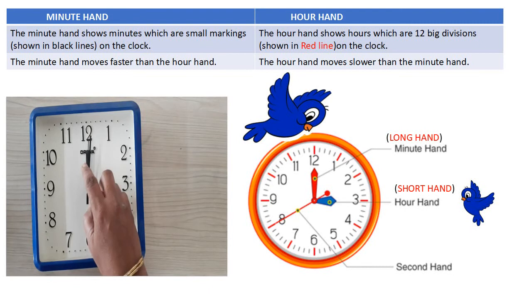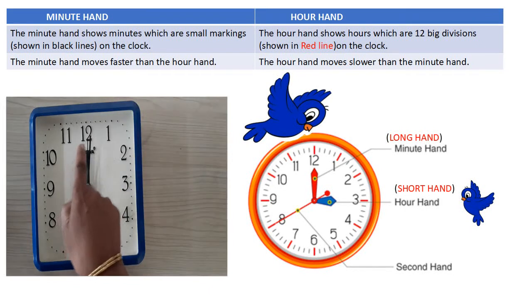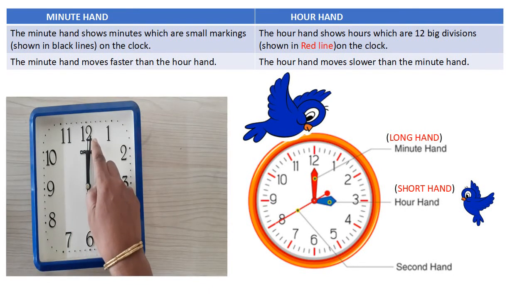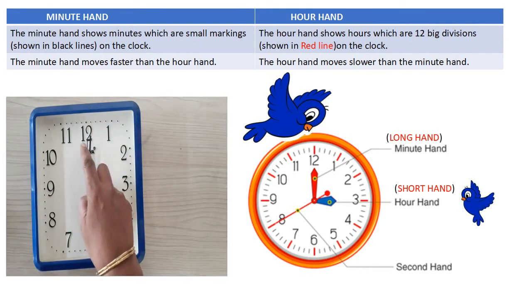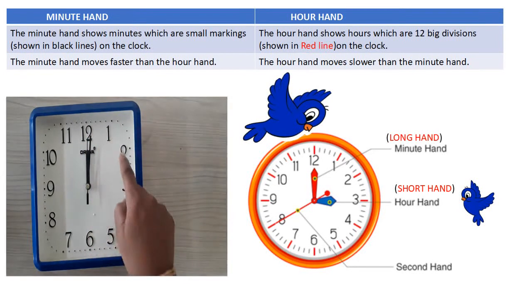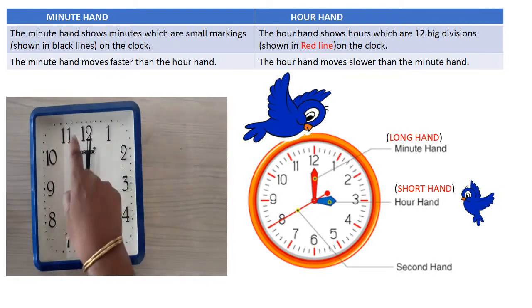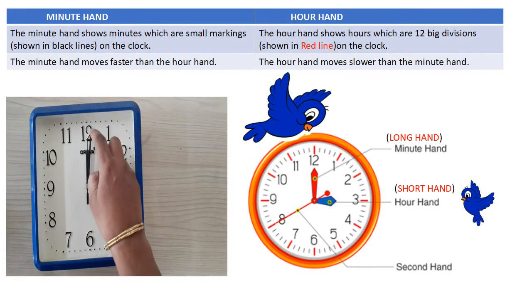Okay, if you note here, the minute hand has moved by one dot after 12. That is, when the second hand makes a complete revolution, the minute hand will move to the first dot.